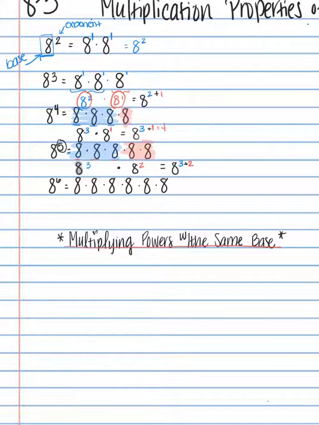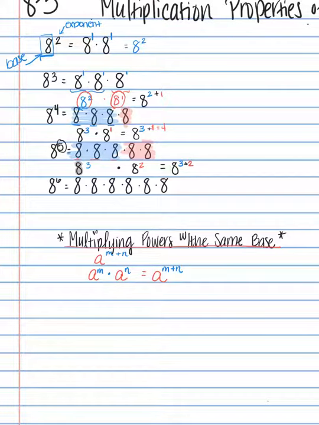So this says that for every non-zero number a, and integers m and n, if I have a to the m, and I multiply by a, the same base, but this time to the nth power, it's the same thing as a to the m plus n. This is the rule that I'm learning.